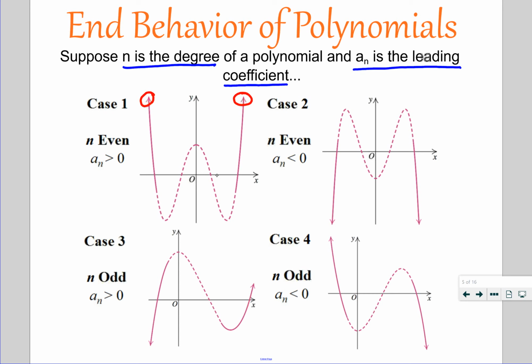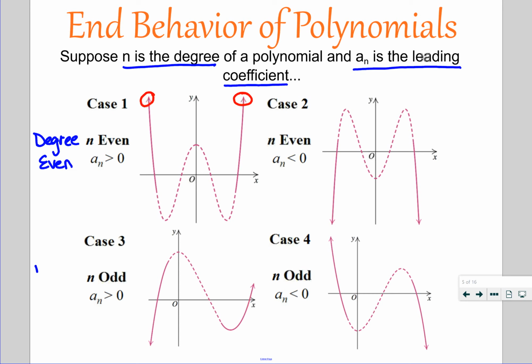Remember, we're only focusing on the ends of the graph, the end behavior. So the first 2 cases are when you have a degree, or an n, that is even. So that's case 1 and case 2. And I'll write degree even here.